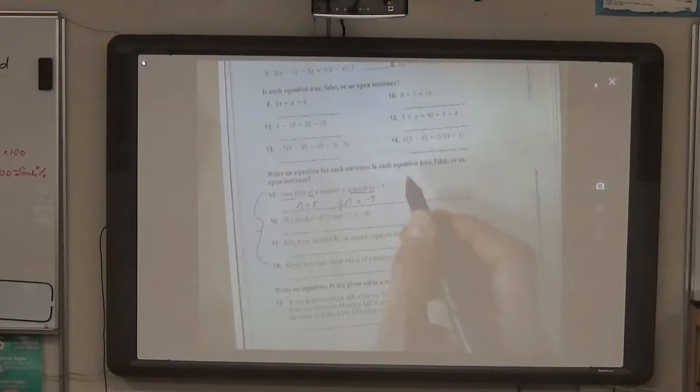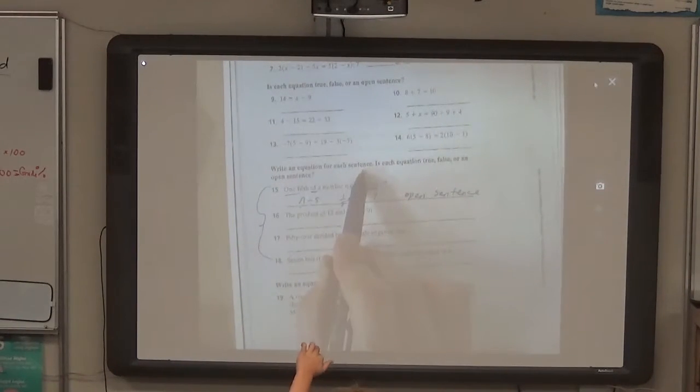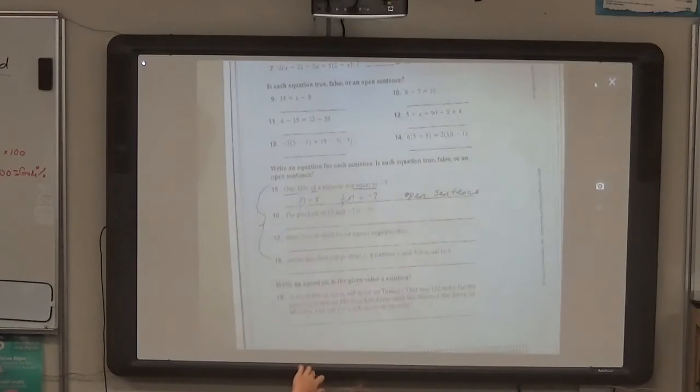So what type of equation is this? Since it has a variable, it's an open sentence. Write an equation for each sentence. Is each true, false, or an open sentence? That's what you're doing in this section. The last one is a lot like the ones that we did on the first side.